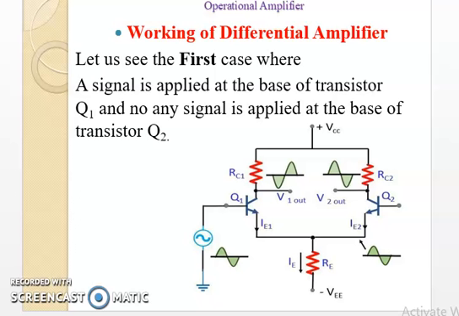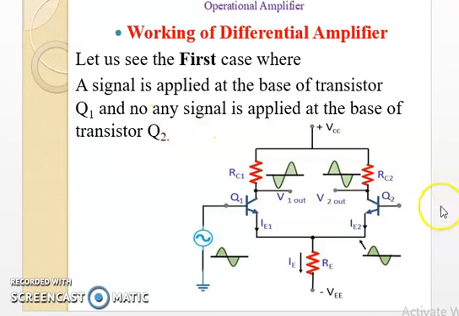Then due to this first case what happens? Q1 acts in two ways. Firstly as a common emitter amplifier, by which the applied input at Q1 will provide an amplified inverted signal at output 1. See output 1. Carefully observe this figure.